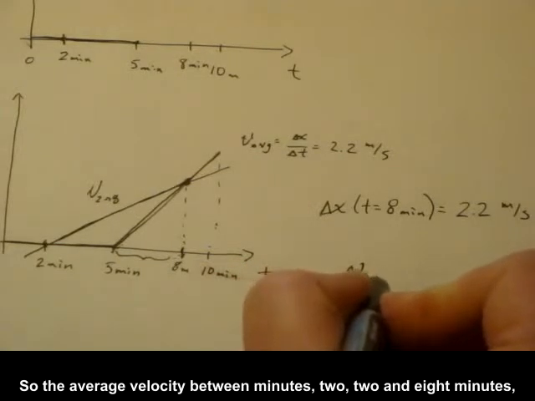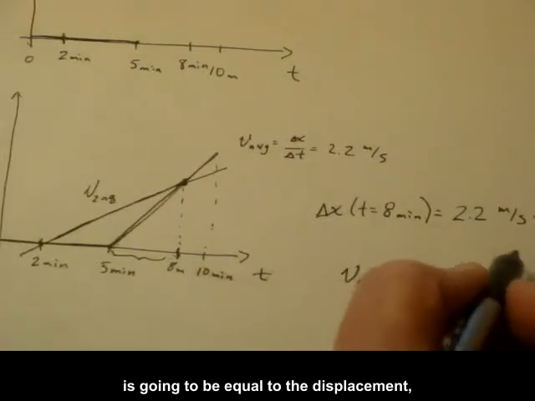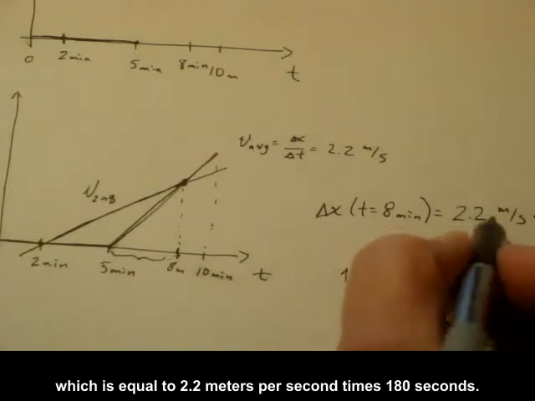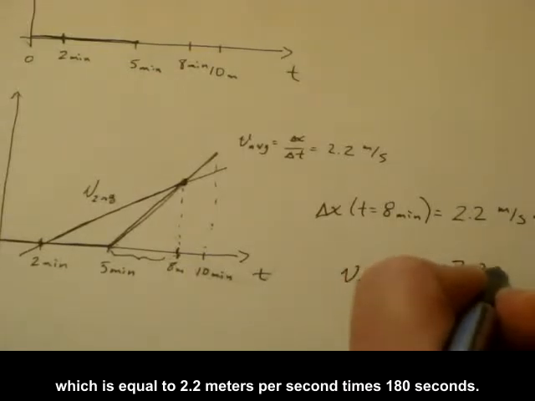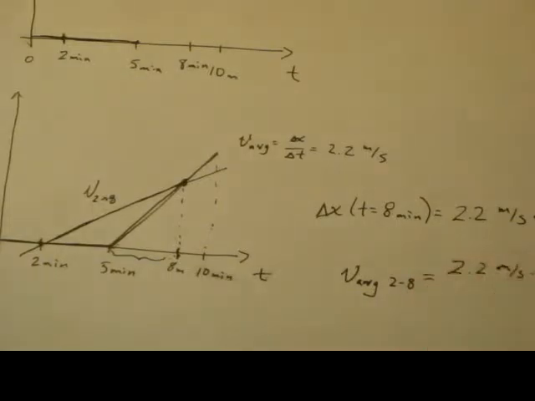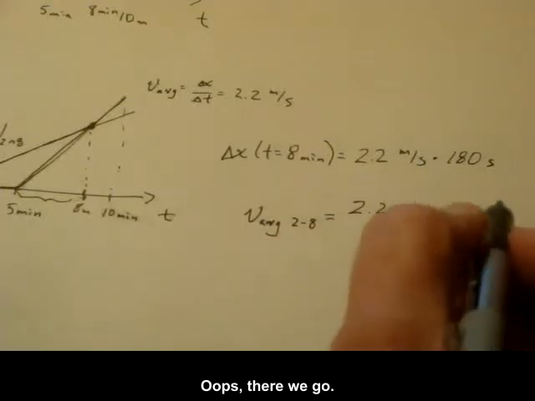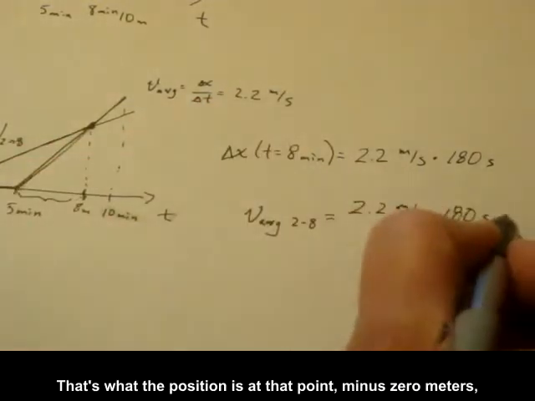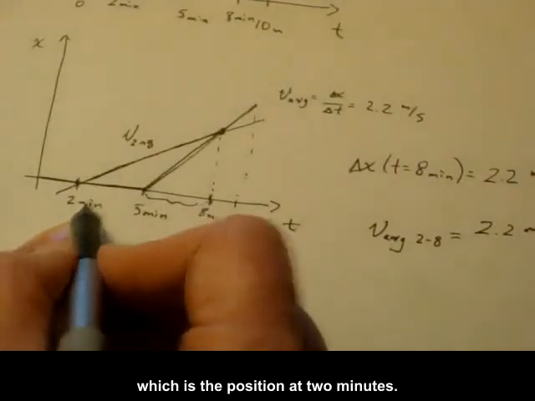So the average velocity between 2 and 8 minutes is going to be equal to the displacement, which is 2.2 meters per second times 180 seconds. Oops, there we go. That's what the position is at that point, minus 0 meters, which is the position at 2 minutes.